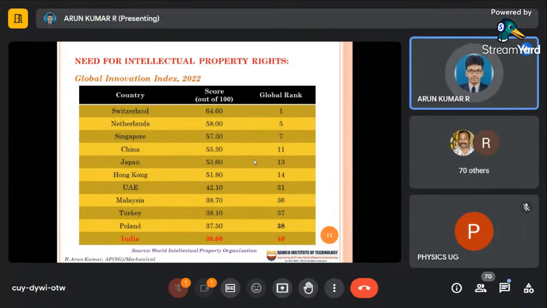In a similar way, we have to protect our intellectual property rights and find the scope for commercialization so that our country can also become self-reliant, improve our trade into a surplus trade, and shine in the global innovation index.